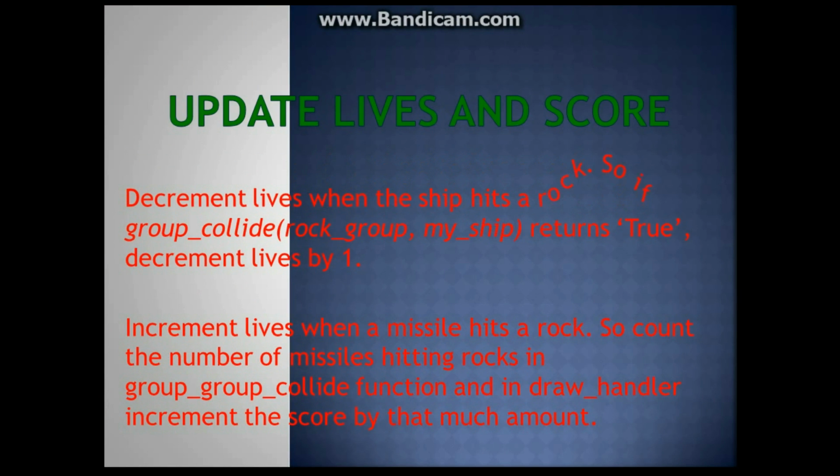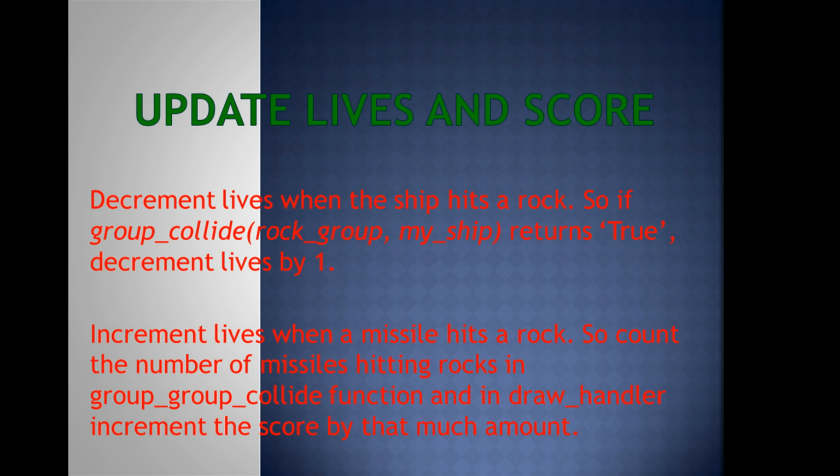Update lives and score. Decrement lives when the ship hits a rock. So if group collide, rock group, my ship, returns true, decrement lives by 1. Increment score when a missile hits a rock. So count the number of missiles hitting rocks in group collide function, and in draw handler increment the score by that amount.